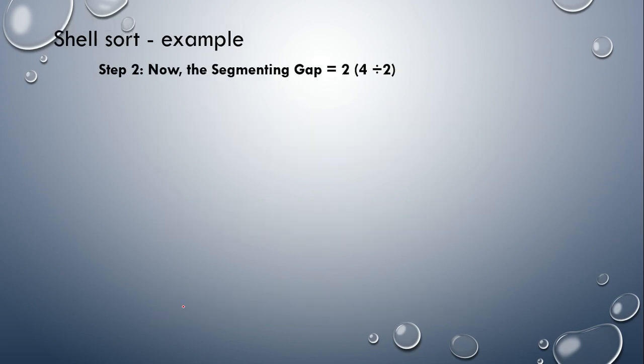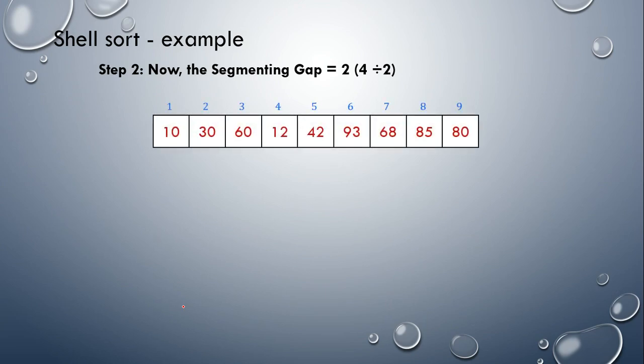Now in the second step we find the gap sequence, that is gap 1 divided by 2. What is the value of gap 1? That is 4. 4 by 2 is equal to 2. Now we compare the elements at distance 2.